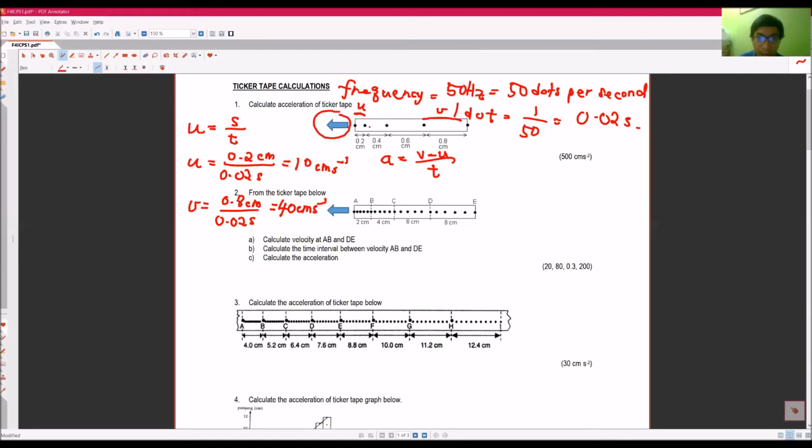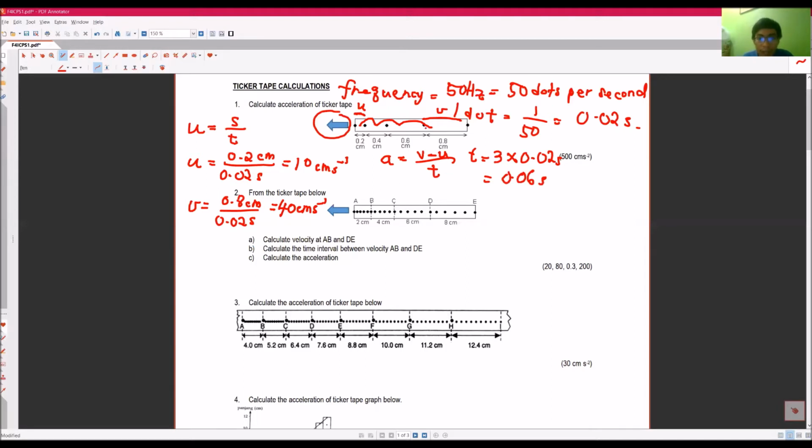To calculate that, we find the number of jumps between u and v. Here there are 1 jump, 2 jumps, and 3 jumps, and each jump represents 0.02 second. So 3 times 0.02 is 0.06 second.